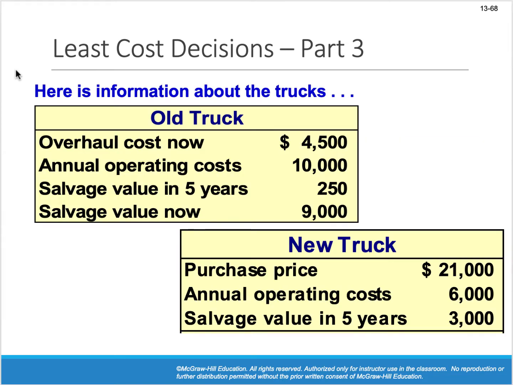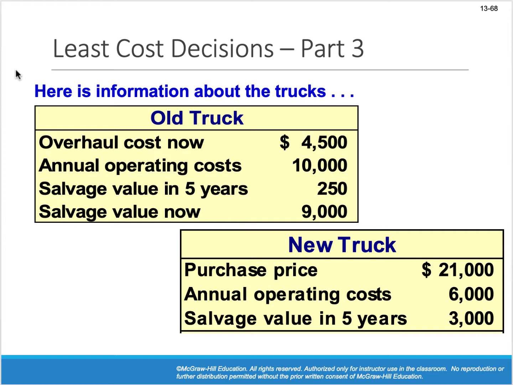So we have two alternatives: overhaul the old truck, buy a new one. And we need to assume here that they're going to do one or the other. Remember, we have a discount rate. It's very important. We need to know that discount rate. It's 10%.